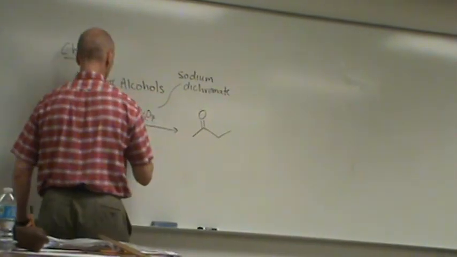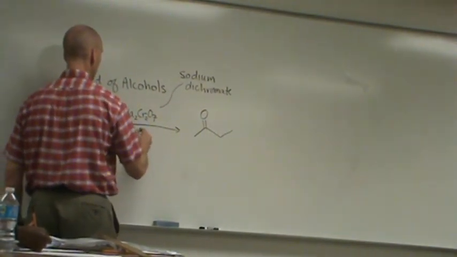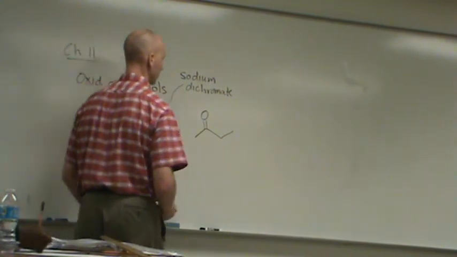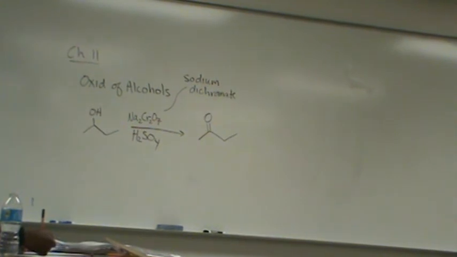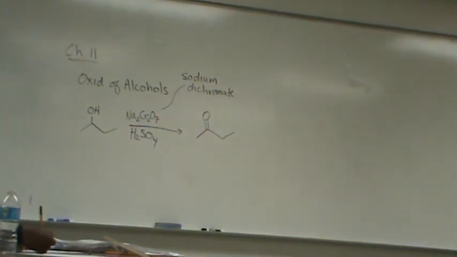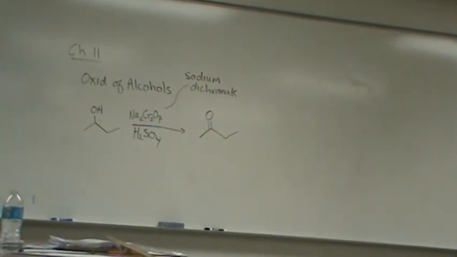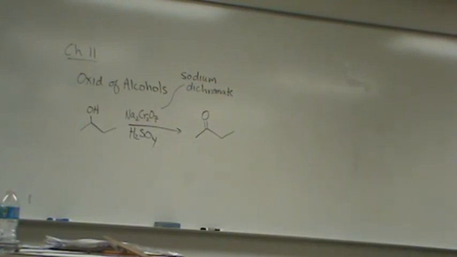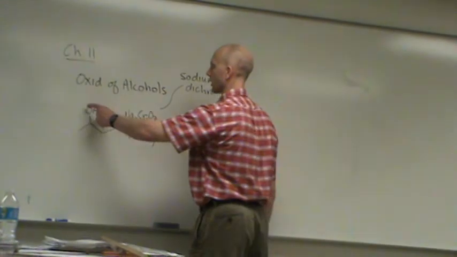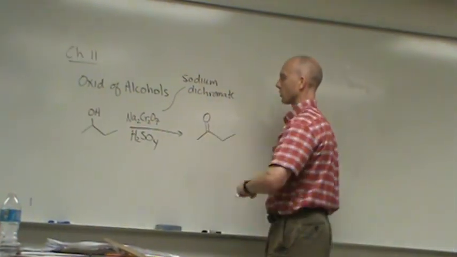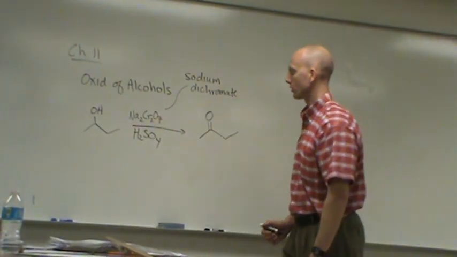And then we also use sulfuric acid. Sulfuric acid by itself is an oxidizer. So now when I combine both of them, I get a super oxidizer. So this oxidizes the OH to the carbonyl.